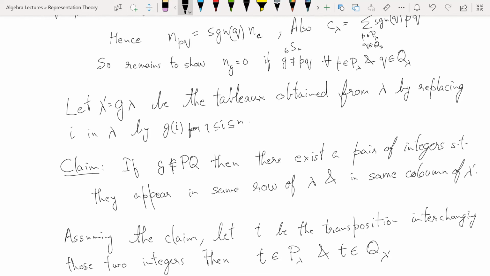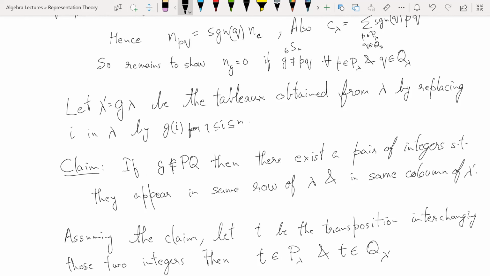All the entries of every row are fixed except for one particular row, and in that row only two elements are interchanged, so it preserves the rows of lambda. Similarly, t also fixes all columns of lambda prime. In fact, it fixes almost everything; it only changes two guys, and they happen to be in the same column of lambda prime. So t also belongs to Q lambda prime, the new tableau which we have constructed.